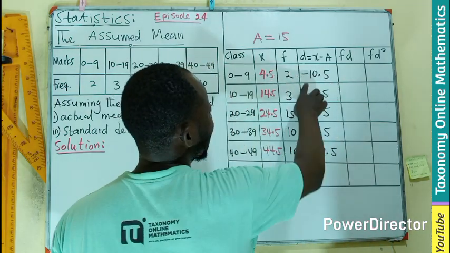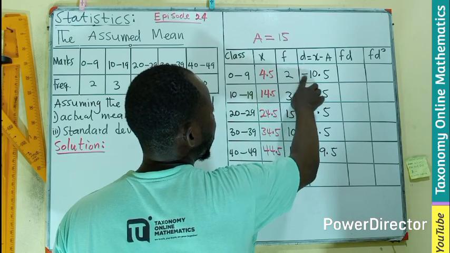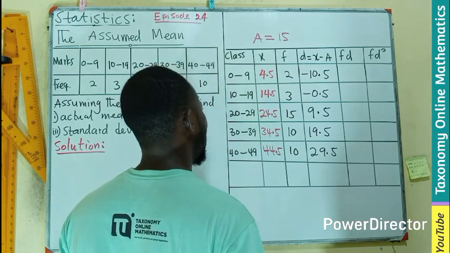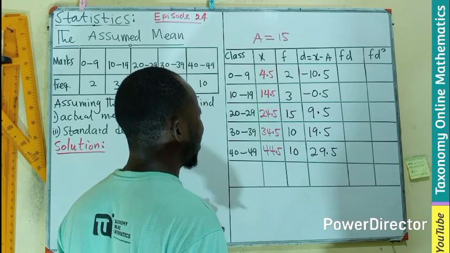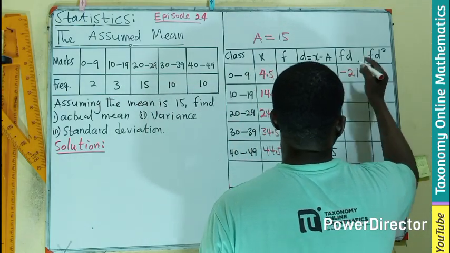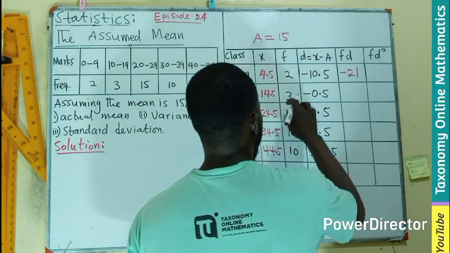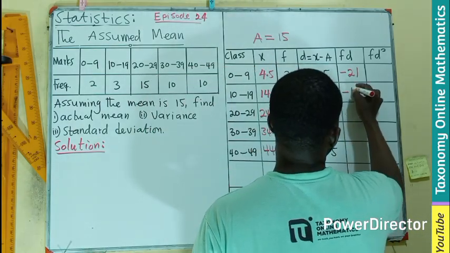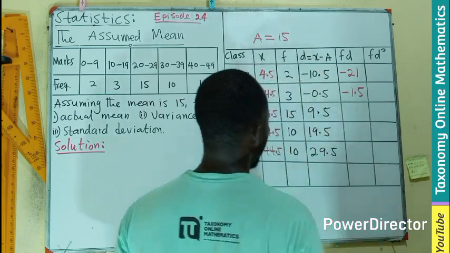What is this? 2 times 10, that will be 20, 21 point, I think that's 21 exactly. So I'll be having negative 21. If I multiply that, then 3 times 0 point that, negative 1.5.